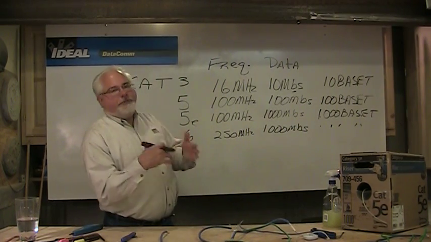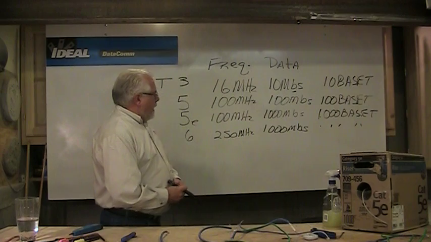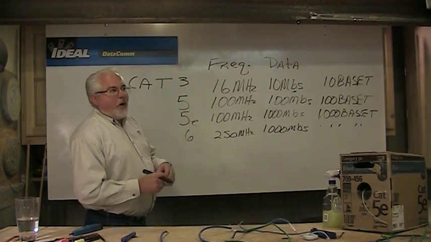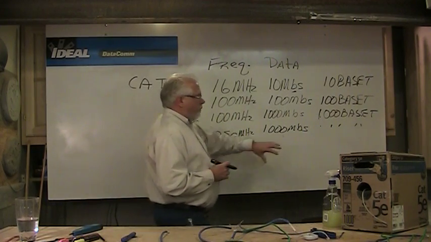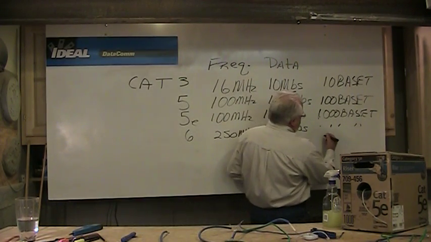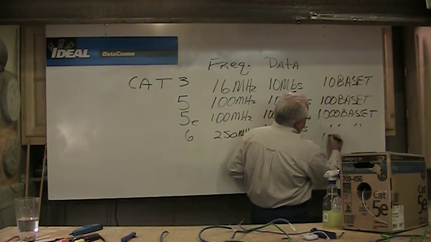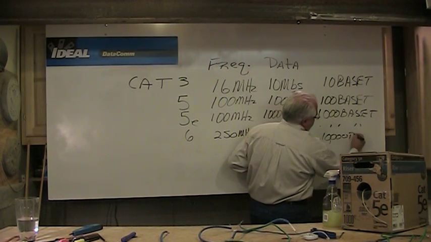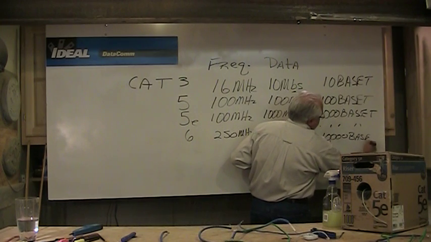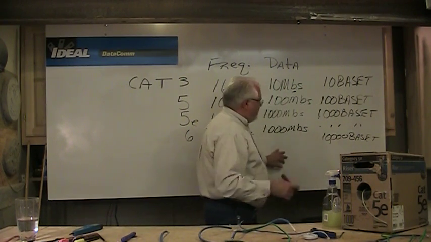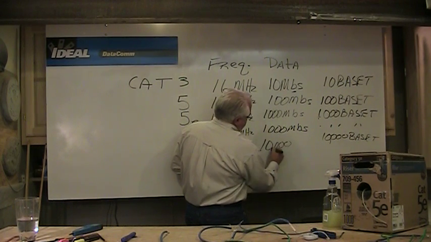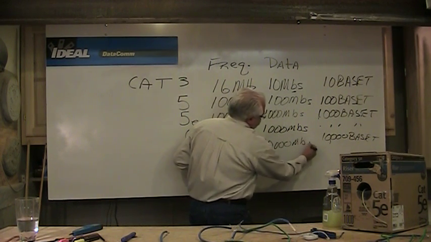Well, a number of years go by, as they say. And here just recently, in the last couple years or so, our 10 gig data network systems come out. So now we're at 10,000 megabits, okay? 10,000 megabits, or 10,000 base T. And again, we call that 10 gig. That again gives us 10,000 megabits per second, okay?